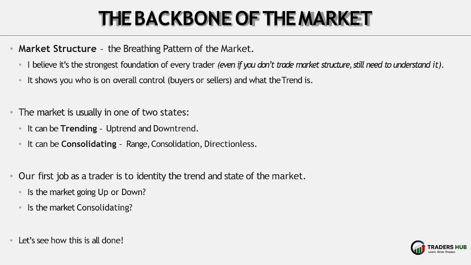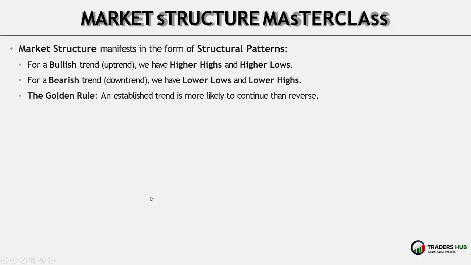Is it moving up, or is it moving down, or is the market just consolidating in a directionless area? That is what consolidating means. Now let's see how this is all done.